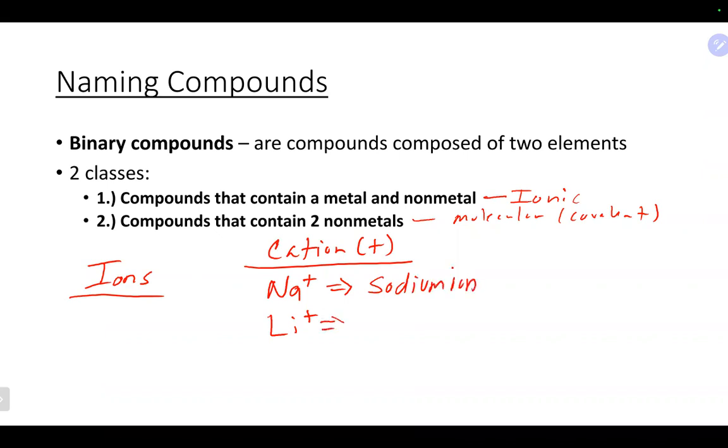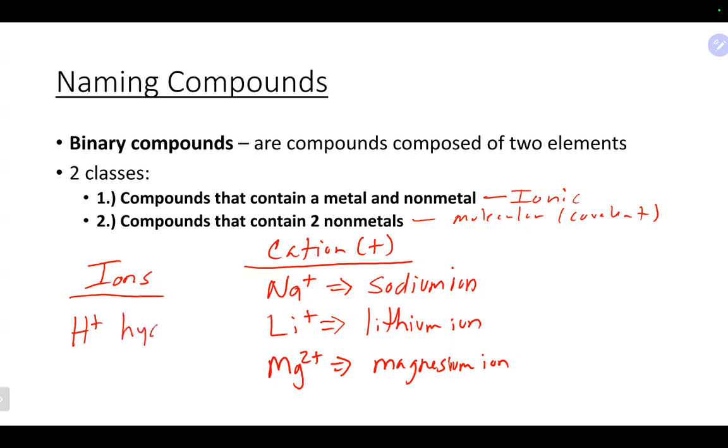This would be the lithium ion. This would be the magnesium ion. So really any positive ion by itself, you pretty much just use the whole name, including for H+, this would be the hydrogen ion as well.